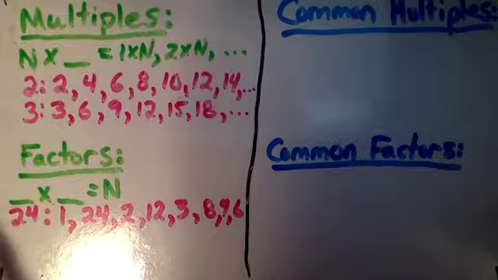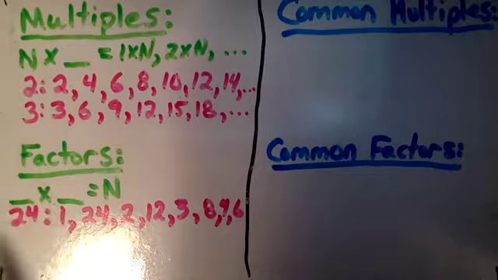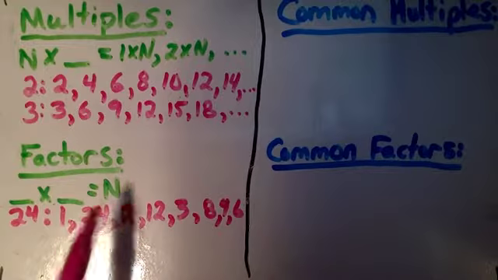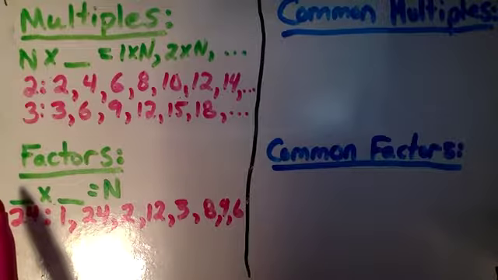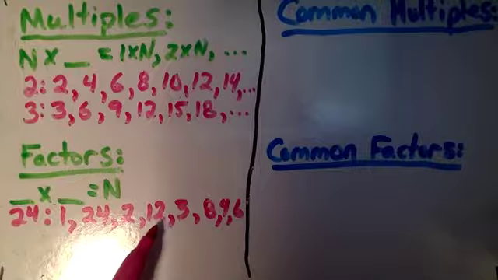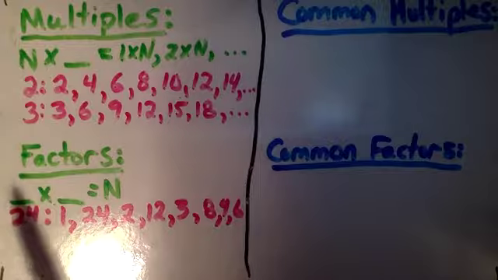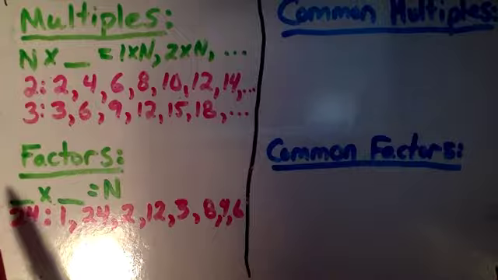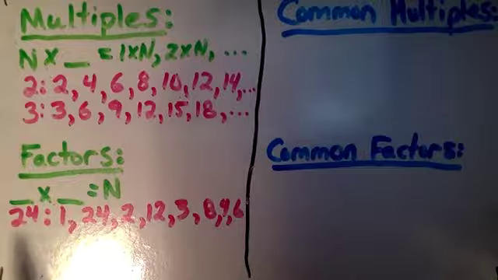So 7's not a factor. 8 we've already included. 9, there's no number that 9 can be multiplied by to give us 24, so 9 is not a factor. 10, again, no numbers that it can be multiplied by. 11, again, no numbers that it can be multiplied by. 12, we've already got included here. 13, 14, 15, 16, 17, 18, 19, 20, 21, 22, and 23 are all not factors of 24.